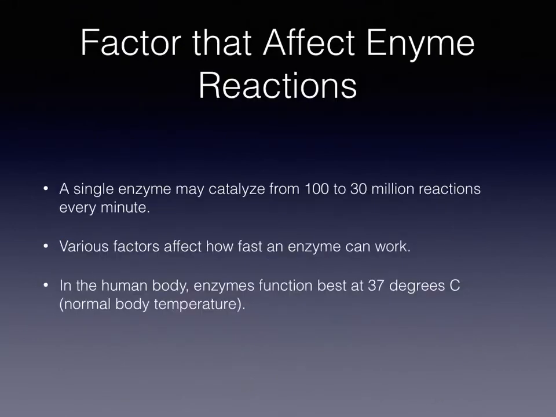Factors that affect enzyme reactions. A single enzyme may catalyze from 100 to 30 million reactions every minute. Various factors affect how fast an enzyme can work. In the human body, enzymes function best at 37 degrees Celsius, which is our normal body temperature.